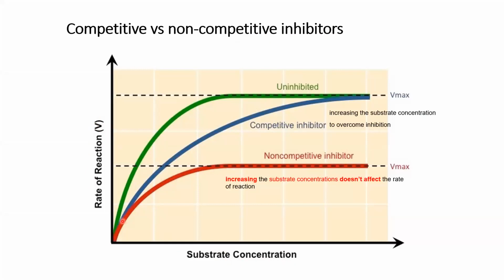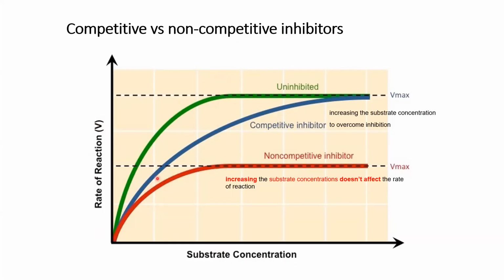For the green graph, the rate of reaction occurs really fast and reaches maximum velocity really quickly. This is the normal reaction without any inhibitors.